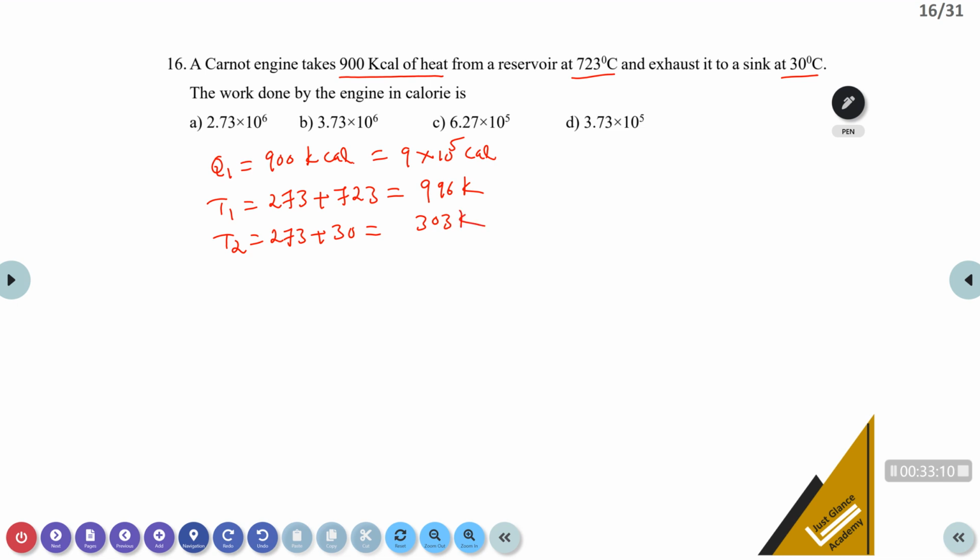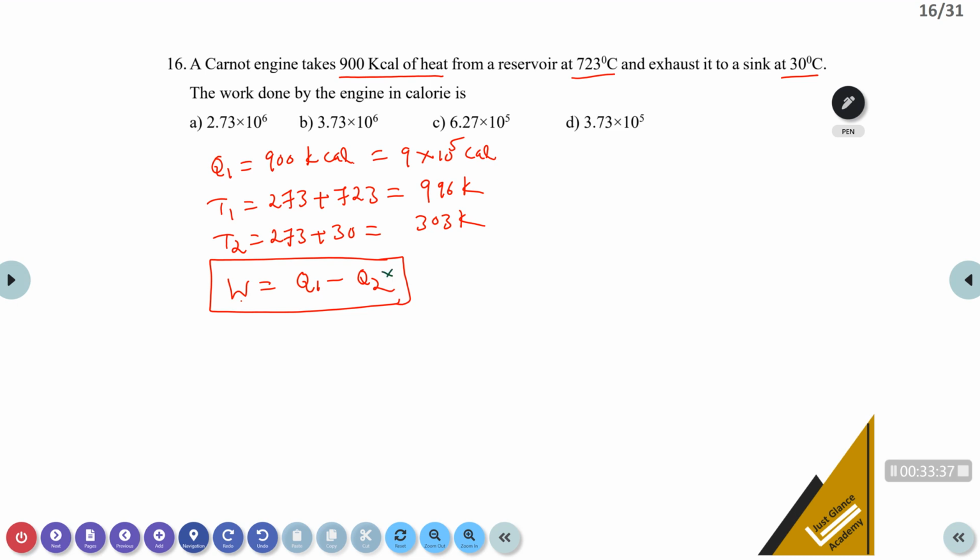Now very good, the numbers have been given, no problem. What is to be calculated here is the work done by the engine in calories. Work done equals Q1 minus Q2. This is the one formula. To calculate work done, I need Q1 and Q2. Of course, Q1 is known, but I don't know Q2.